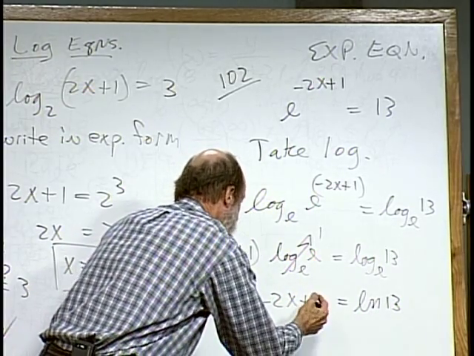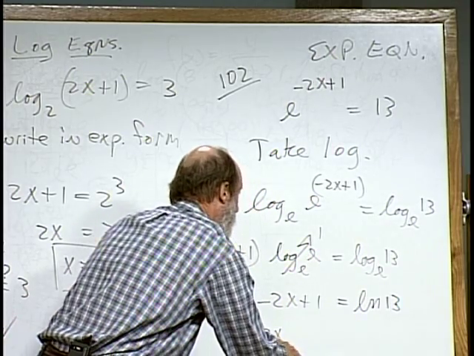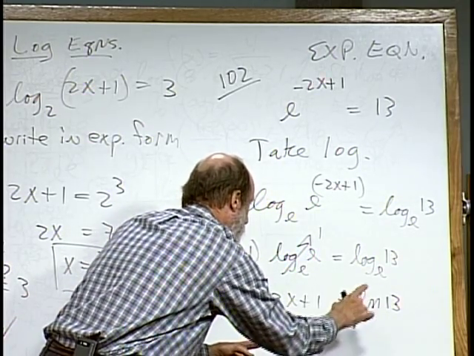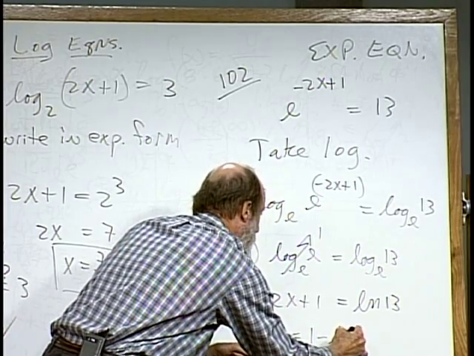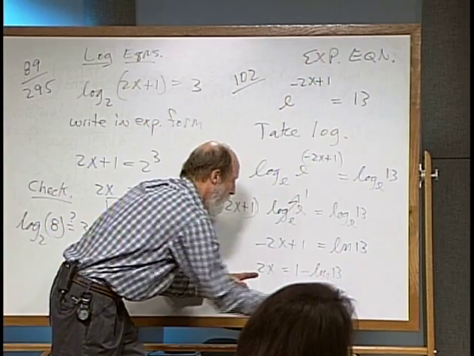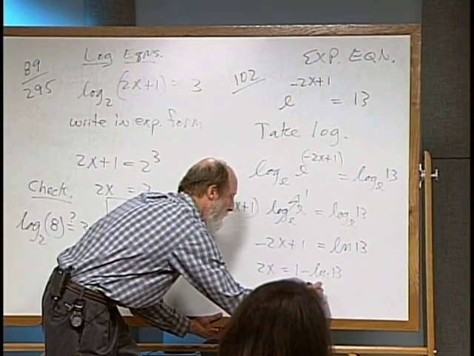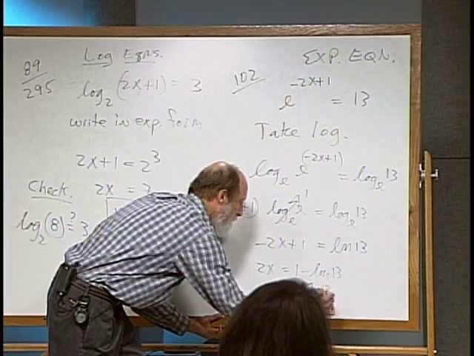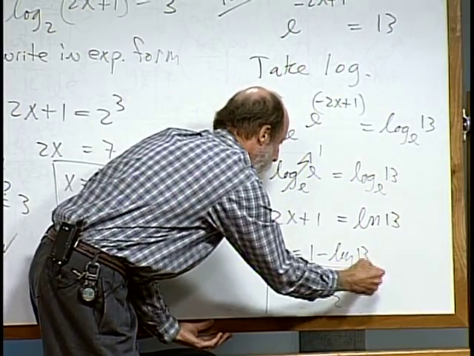x. So what I would do is I'd kick the 2x to the other side, make it positive, and I'd bring the 13, natural log 13, back to this side, and I'd have 1 minus natural log of 13, and then I'd divide by 2 for the exact answer. Shouldn't that be -2?